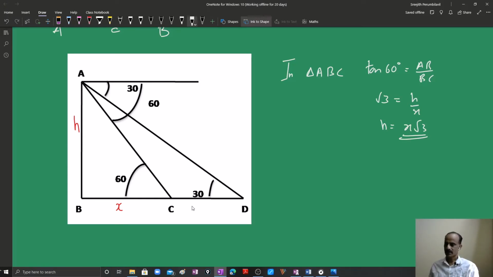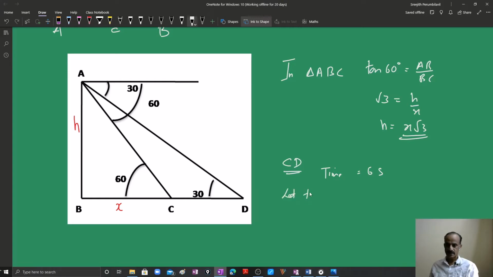Now, the time taken in this distance CD is 6 seconds. The car is traveling at a uniform speed.